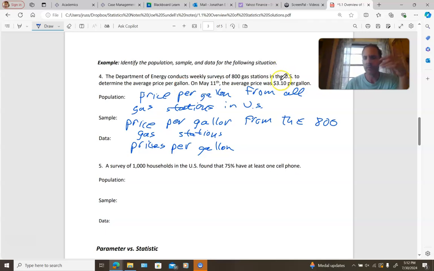They're probably all going to be somewhere within this ballpark, 3.10. You know, on the West Coast, gas prices are typically higher. Arkansas actually has some of the lowest gas prices, so there would be some variation. But anyway, the statistic here is the $3.10. That's the average from these 800 gas stations that were actually sampled.